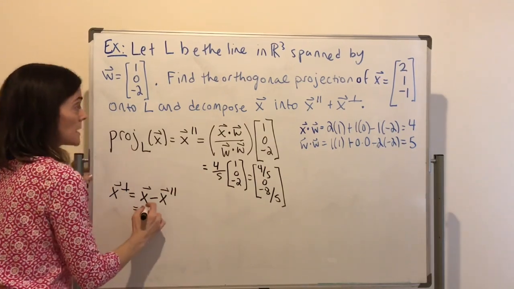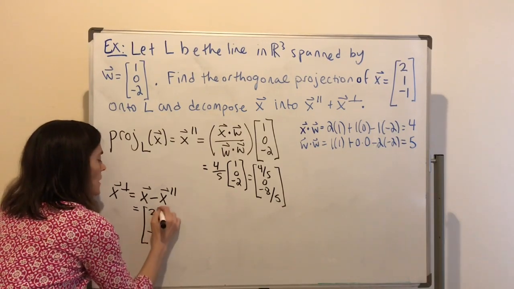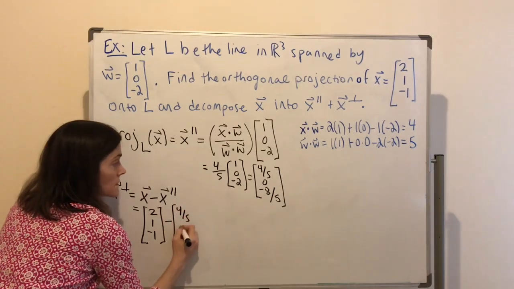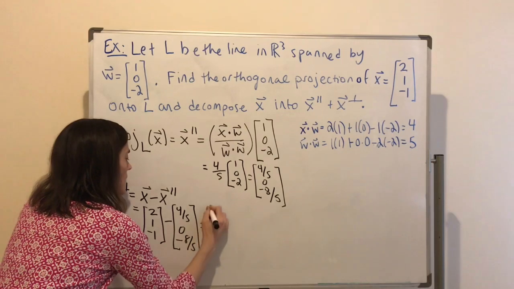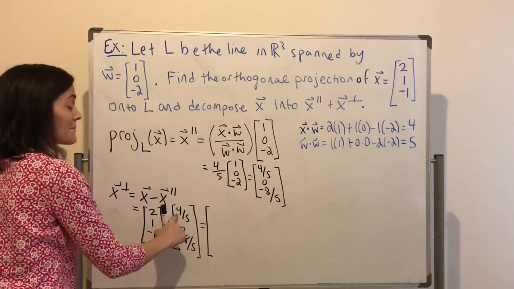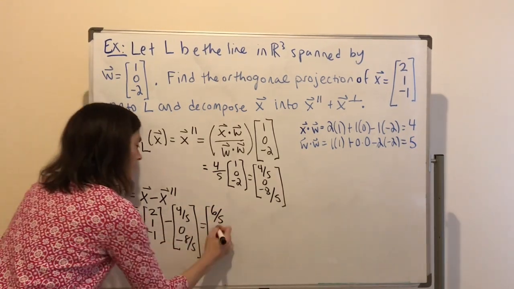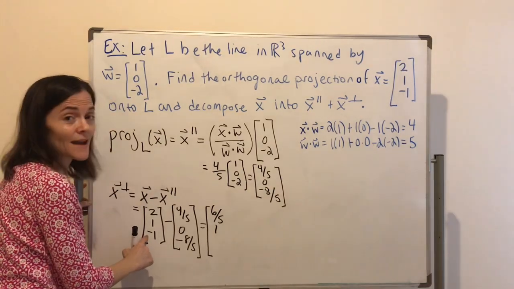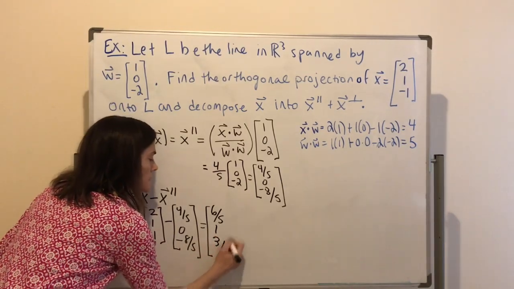So this would be 2, 1, minus 1, subtract 4/5, 0, negative 8/5, and we get, well, this is 10/5 minus 4/5, we get 6/5, and then we have 1, and then this is minus 5/5, but then a plus 8/5, 3/5.